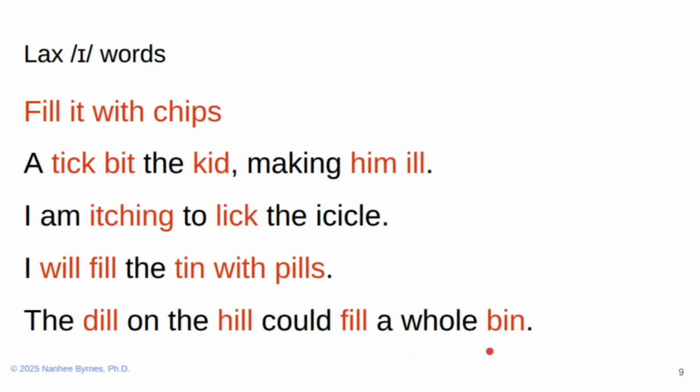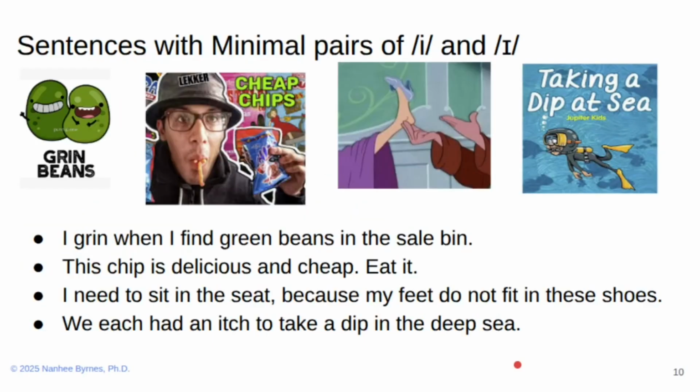And finally, we have a set of sentences that contain minimal pairs. Make sure you pronounce the words with tense E and lax I vowels correctly. Repeat after listening carefully. I grin when I find green beans in the sale bin.